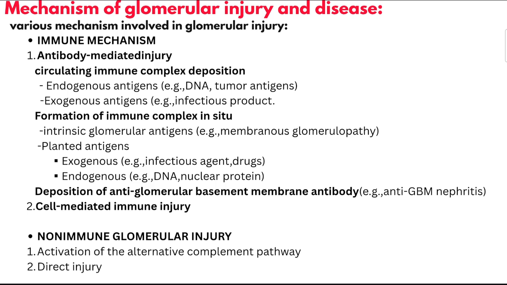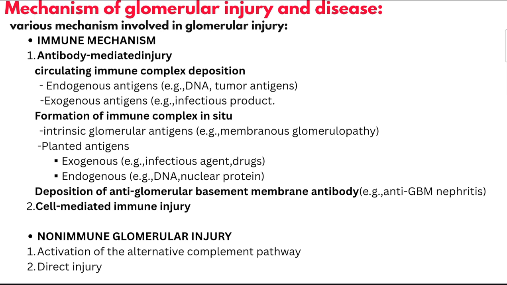Today we will explore the mechanisms behind glomerular injury, focusing on both immune and non-immune factors. Immune mechanisms include antibody mediated injury, deposition of circulating immune complexes, endogenous like DNA and exogenous like infectious products. Also formation of immune complexes in situ with intrinsic glomerular antigen, as in membranous glomerulopathy, and planted antigen, exogenous or endogenous.